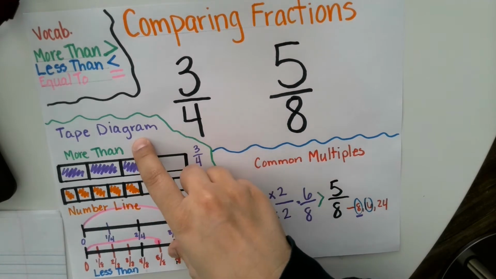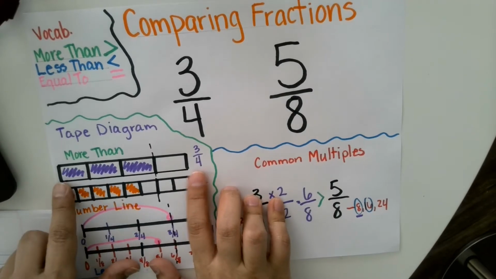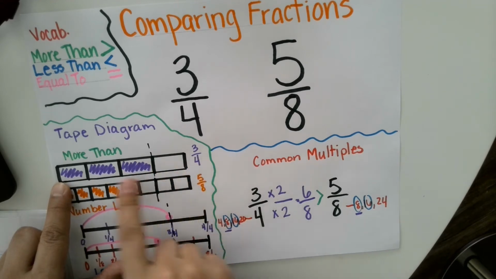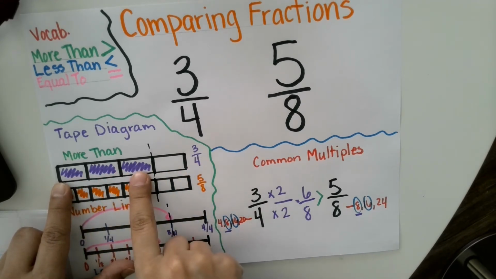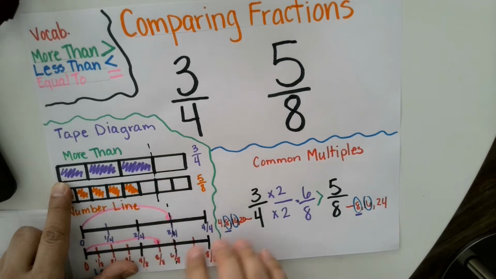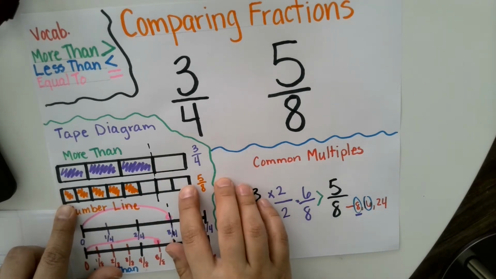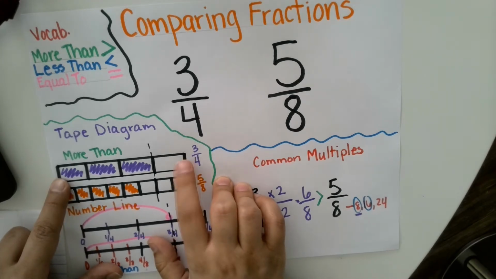So when I look at the tape diagram, I drew out 3/4. There's 1, 2, 3, 4 parts that make my whole, and of those 4 parts, 3 are colored in. So that shows 3/4. For my tape diagram with 5/8, I actually started it the same way I did my tape diagram for 3/4.